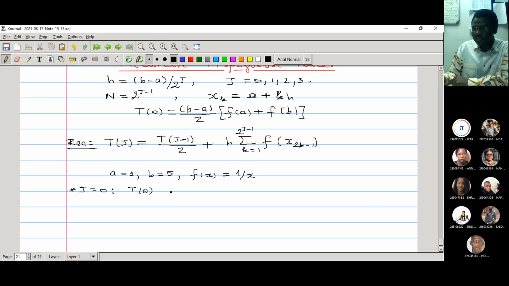So our T0, what is it? We can substitute directly here. It will be 4 by 2, which is 2, into 1 by 1 plus b, 1 by 4.5. 1 by 5.